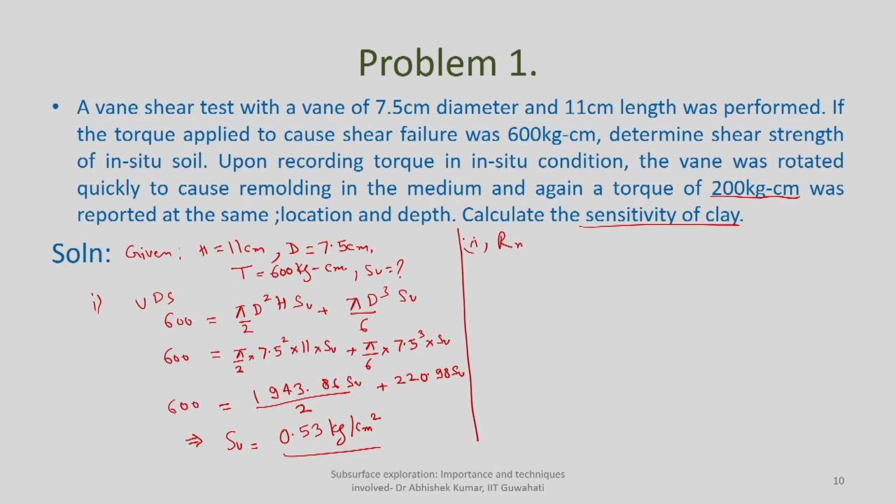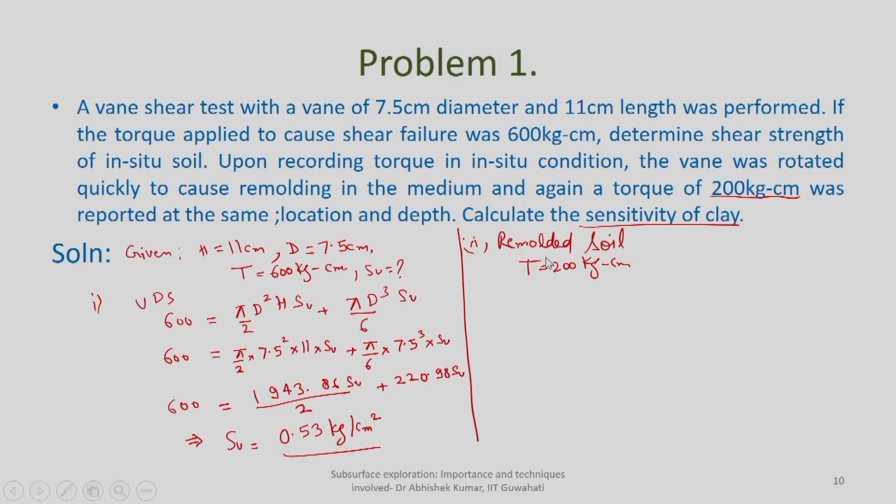remolded soil. So again H, D, everything will remain the same, but your T value will become 200 kg centimeter.